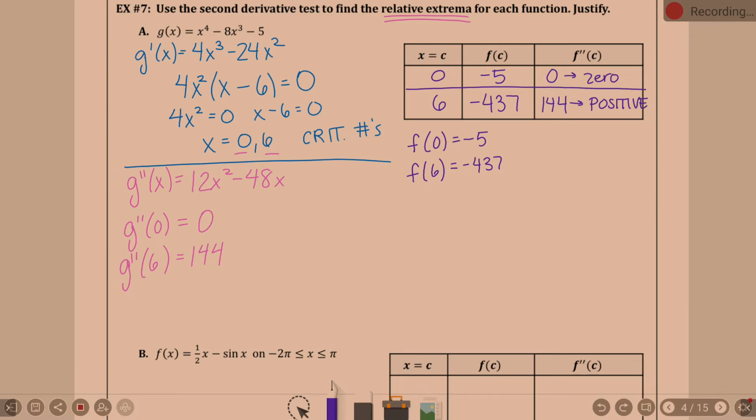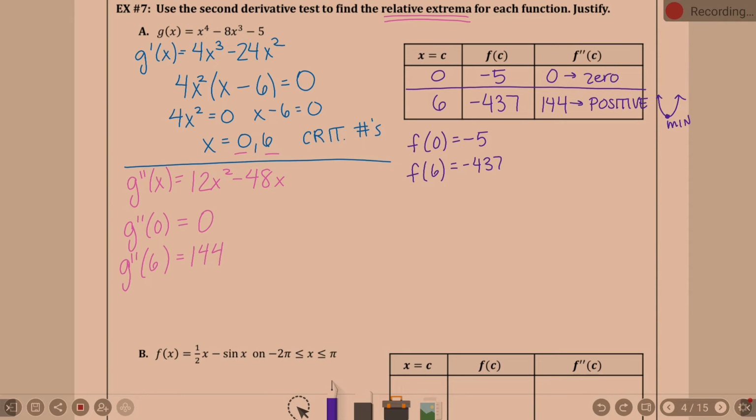Now, what does a second derivative tell you? Don't answer min or max here, but what does second derivative tell us? If it's positive, it says what? Concave up. Is concave up going to result in a min or a max? Does that make sense, sir? That's how the second derivative test works.